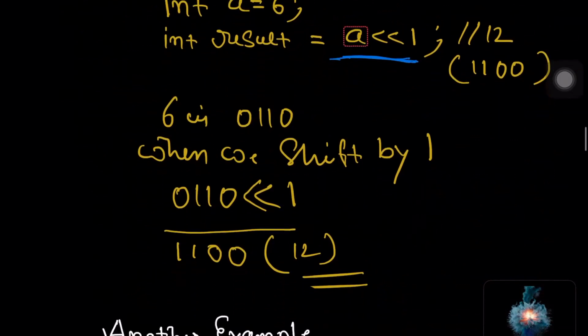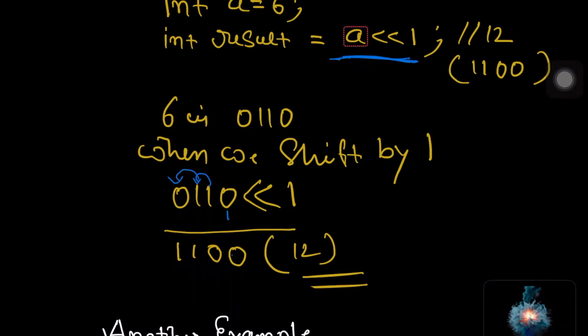When we shift by 1, what happens? When you're doing a left shift, the right side you fill with 0. Whatever empty space there is, you just fill with 0. So I have shifted one position, this one here, and this one to this.